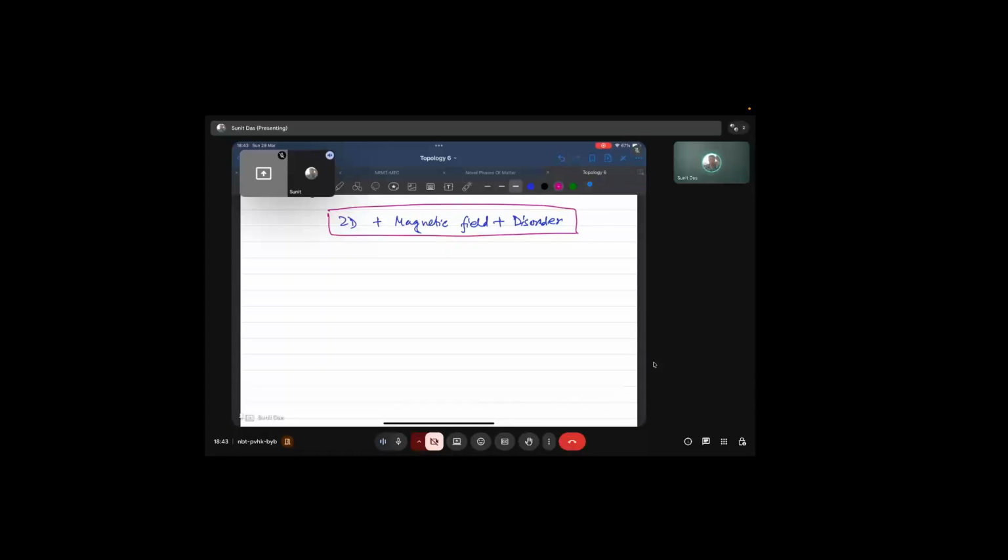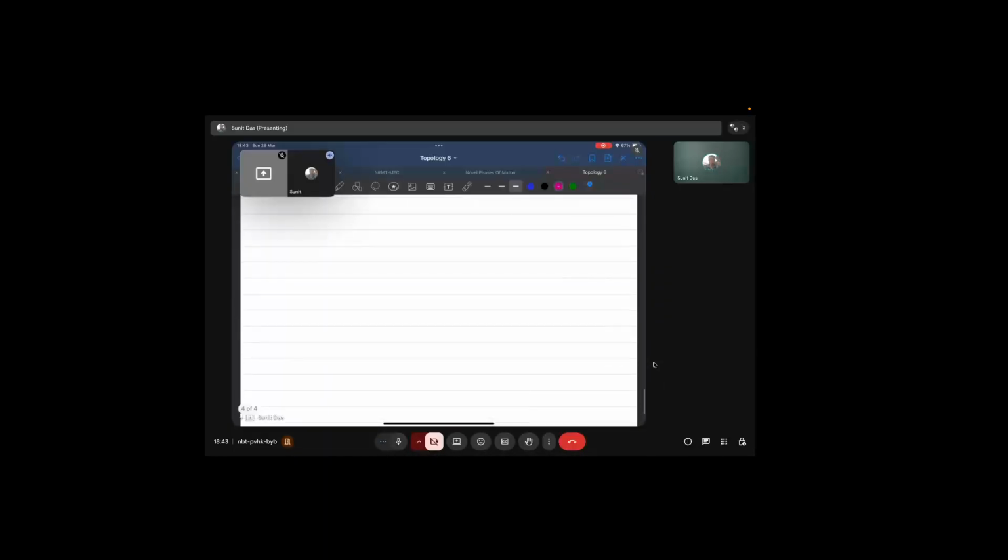So if we think about graphene now, and we draw the Landau levels, let's say you had a Landau level at n equal to 0, and then somewhere here n equal to 1, and then n equal to 2.